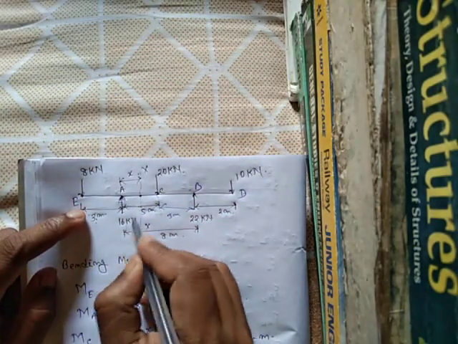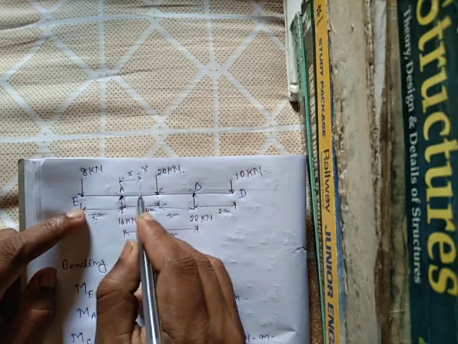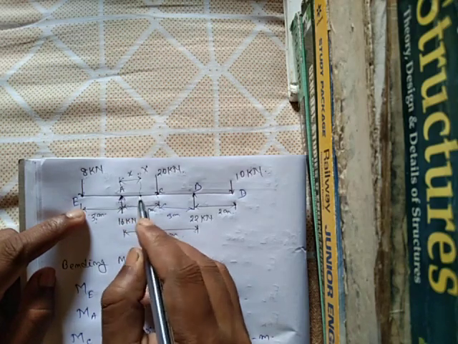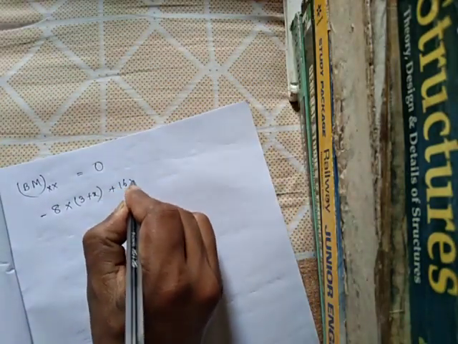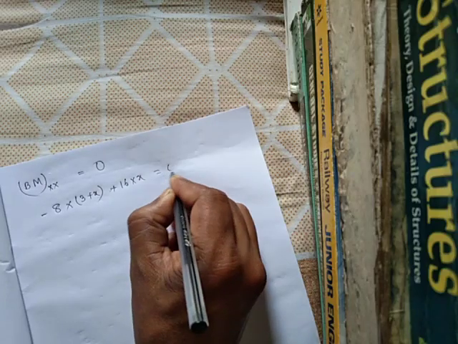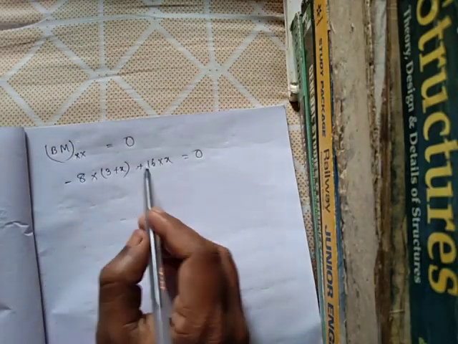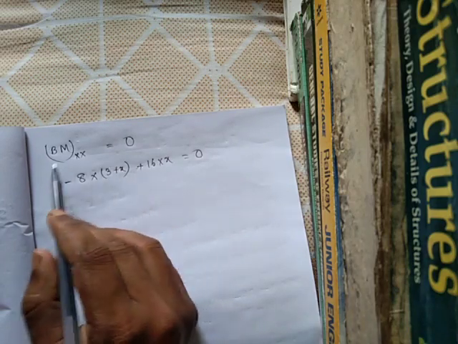The 16 kilonewton reaction force will be positive because it is clockwise, so 16 into x. The bending moment about XX is equal to 0, so 16x minus 8 into (3 plus x) equals 0.